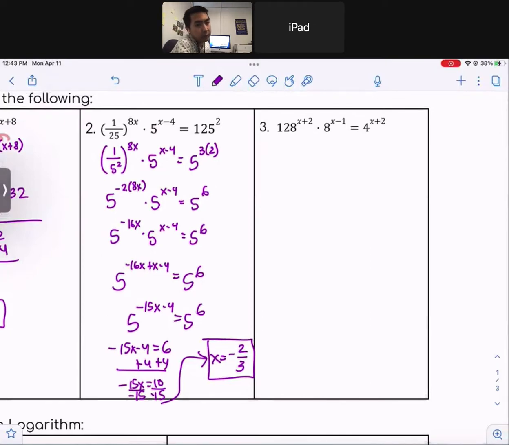Number 3, okay, between 128, 8, and 4, all of those can be common bases of 2. So 2 to the 7th times x plus 2, 2 to the 3rd times x minus 1, and then 2 to the 2nd times x plus 2.